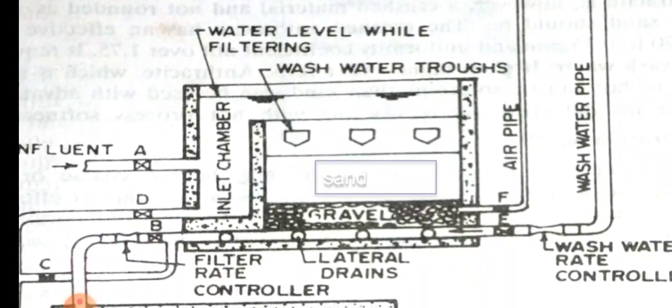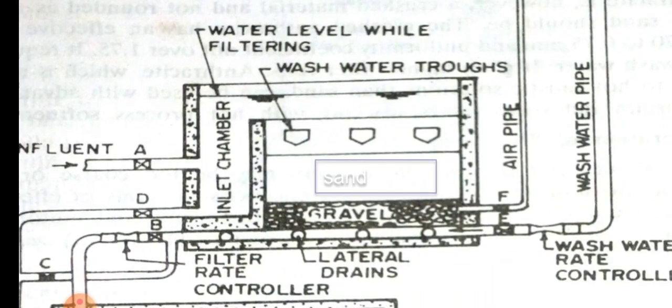These span across the length or across the width of the tank, and they are mainly used to distribute the water to be filtered during normal operation, and also to collect the wash water during the cleaning process.